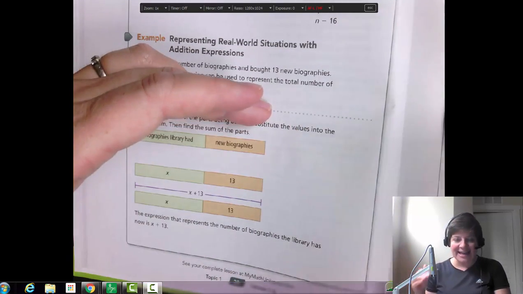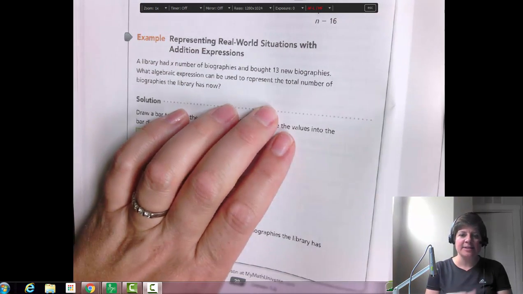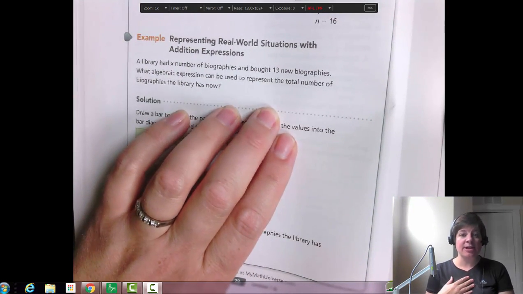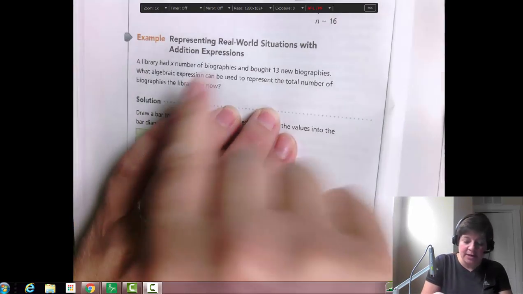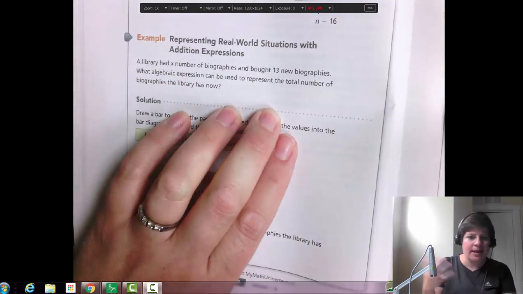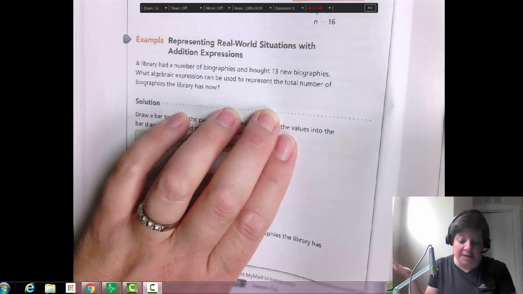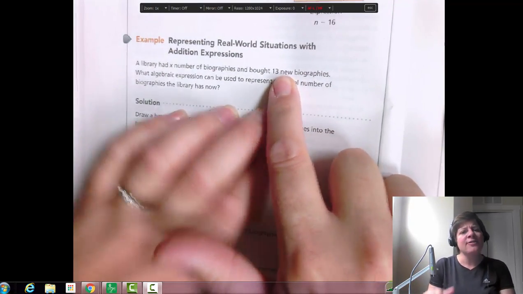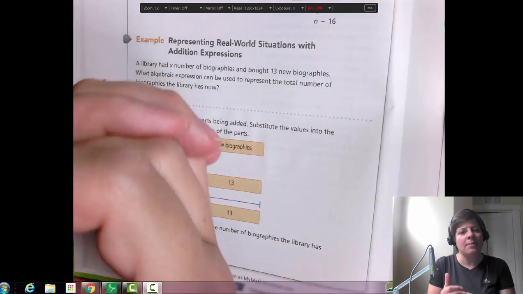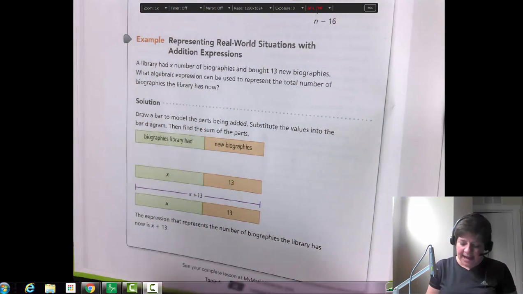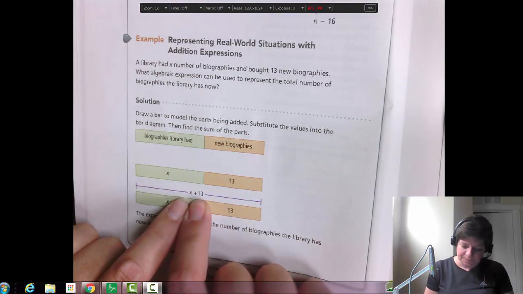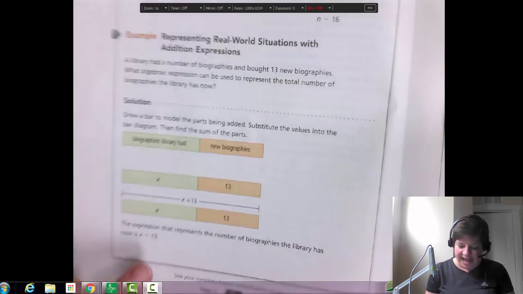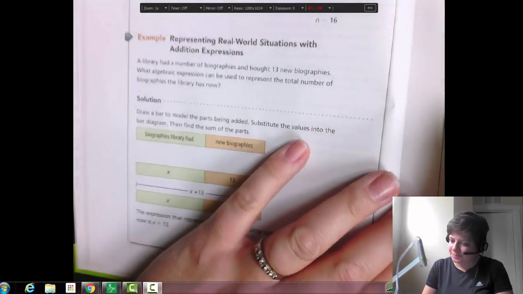We're adding that. So how can I write an expression? I'm covering the solution. I can write the expression as X because they want you to use the letter X. An N would have been fine, but they want us to use an X. So I would just say X plus 13. So you have to read the problem and decide, well, am I adding, subtracting, what am I doing? And then you write the expression. And then again, they did a little bar diagram there for it, but it's just X plus 13.